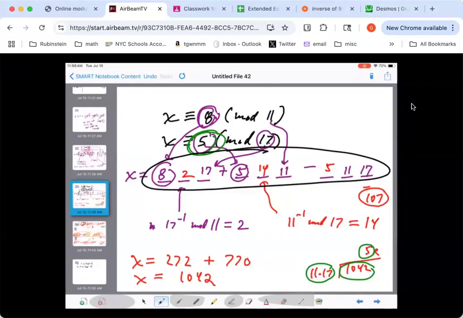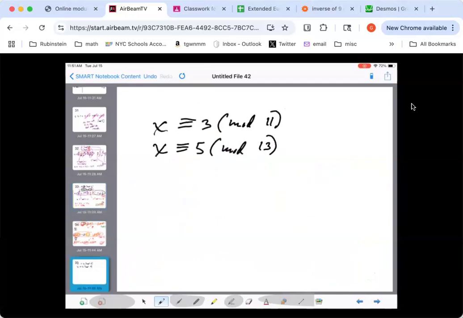This last term serves to make an answer that's smaller, that won't have a different remainder when I divide by 11 or 17, because it has an 11 and a 17 in it. Let's have you go into groups, because I think if you could just get the answer to this question with the 9 things, that's all you would need to do on the final. You don't have to understand why it works.